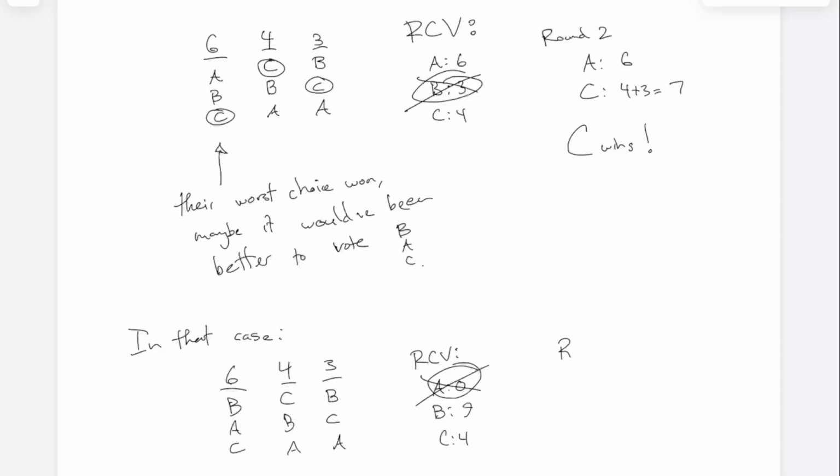And then in round 2, it's just B versus C. I see B on top 9 times and C only 4. So B gets 9, C gets 4. B wins. And this is a preferable outcome in their opinion. These people changed their mind. It used to be that their worst candidate won, but now their second best wins, which is an improved result.